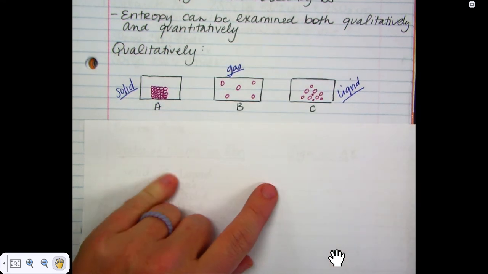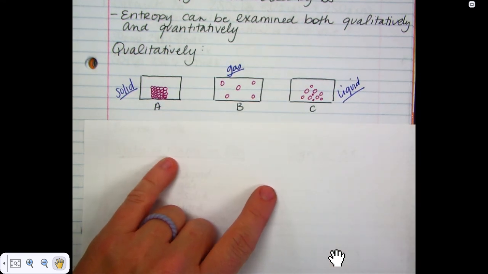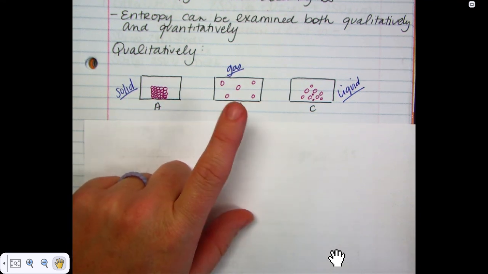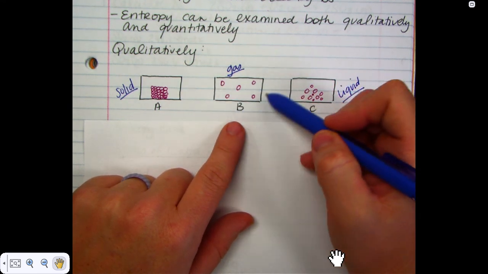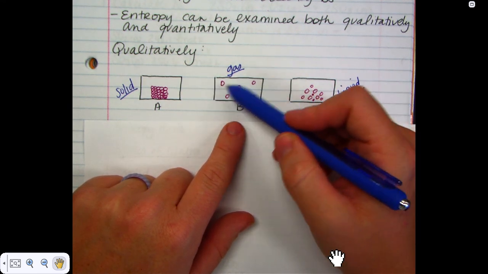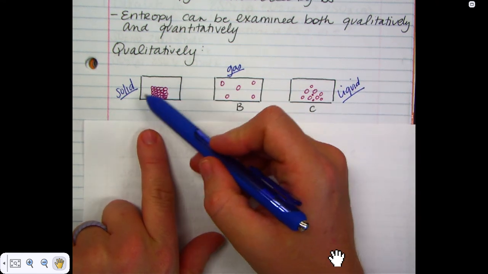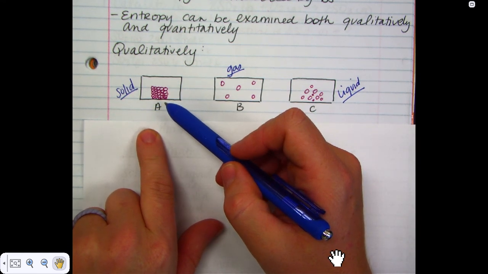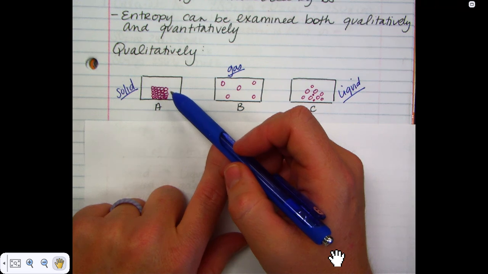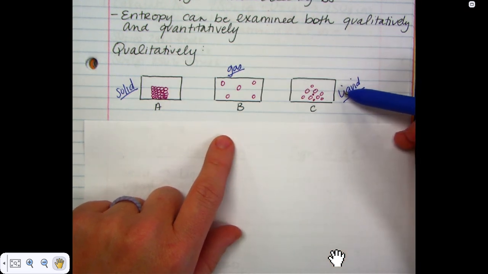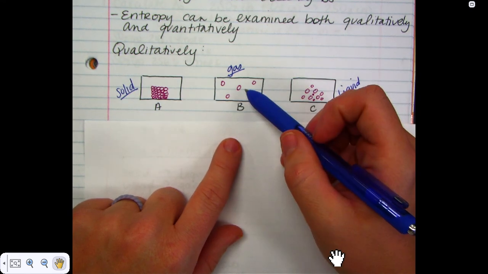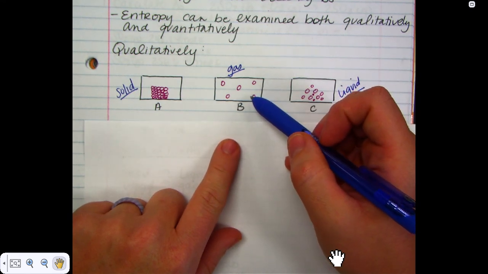If we were to compare the entropy in each of these samples, B has the highest degree of entropy. These molecules are most disorganized and most dispersed. And A, our solid sample, has the least amount of entropy, as those molecules are packed tightly together and are highly organized. And then C is going to lie somewhere in between. It's not going to have as high a value as B, but it will for sure be higher than A.